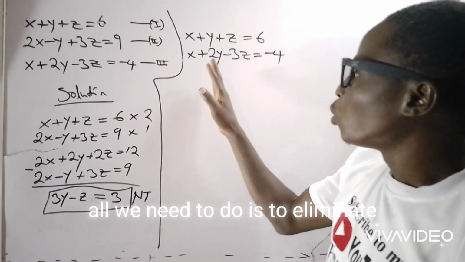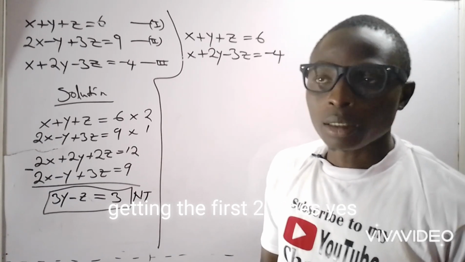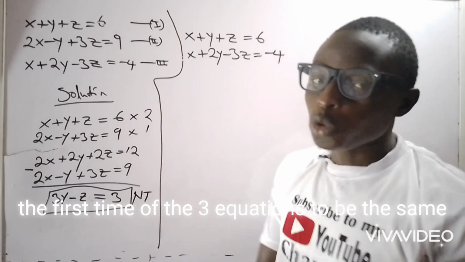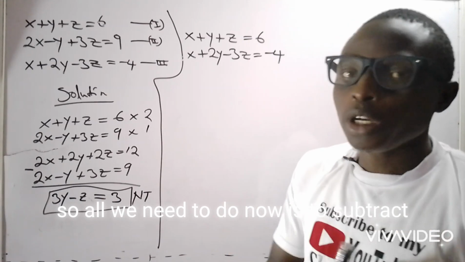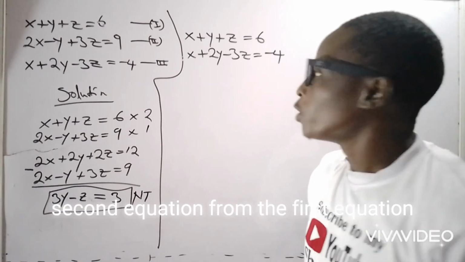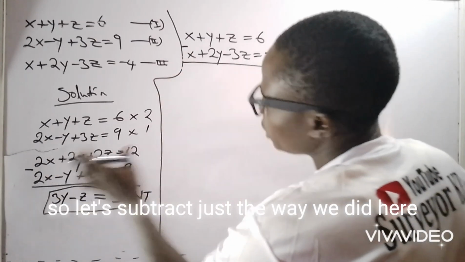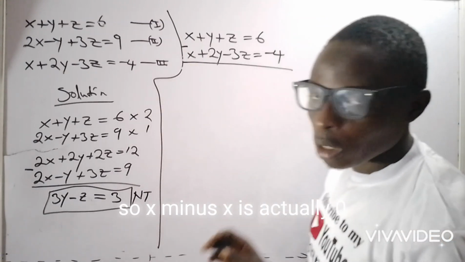All we need to do is eliminate, since we have succeeded in getting the first term of the two equations to be the same. So all we need to do now is to subtract the second equation from the first equation. So let's subtract just the way we did here. So x minus x is actually 0.